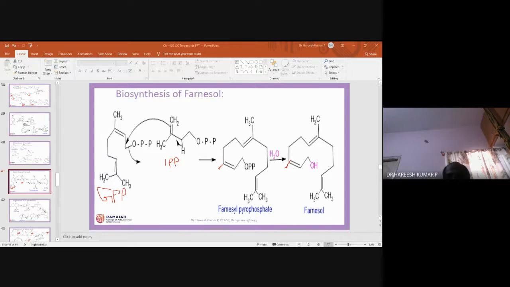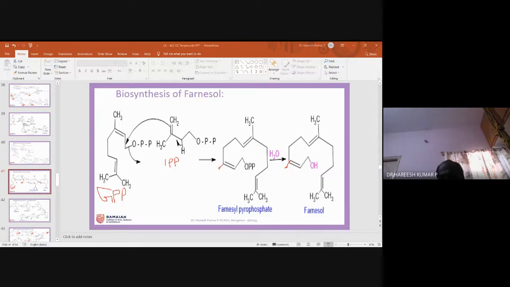Then what will happen? The water moiety can attack this carbocation, forming an alcohol at this carbon atom. Then afterwards, there will be a new bond formation between this carbon and this carbon.